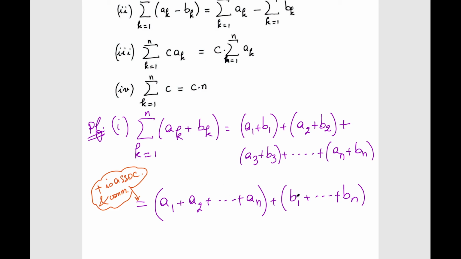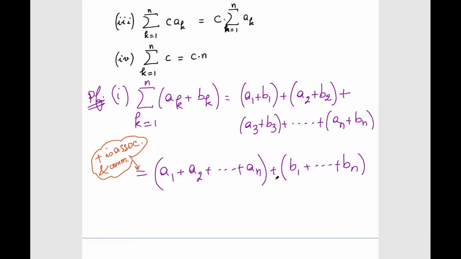So we get this. And then what does this mean? Well, this means sigma of a_i, or a_k, same thing, it's a dummy letter, where k goes from 1 to n. This is for this guy, correct? Plus, and how about this guy? It's very similar, but the terms are named b now.